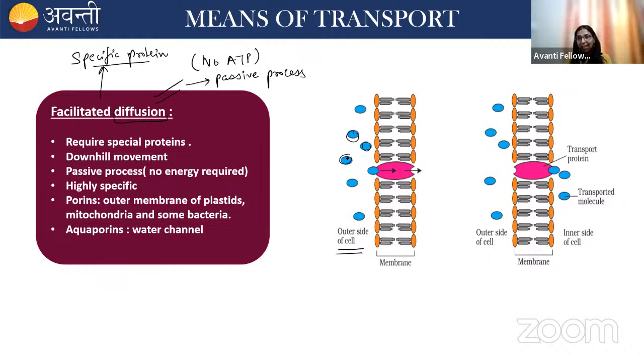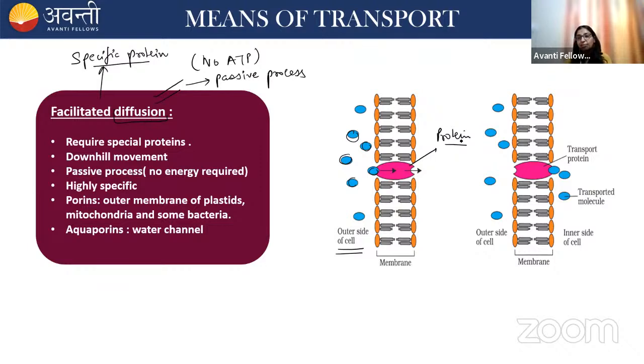Lipid soluble. As you know, our membrane is a phospholipid bilayer, right? So those molecules which are lipid soluble can easily cross the membrane. But what about those molecules which are polar in nature, which are hydrophilic in nature?